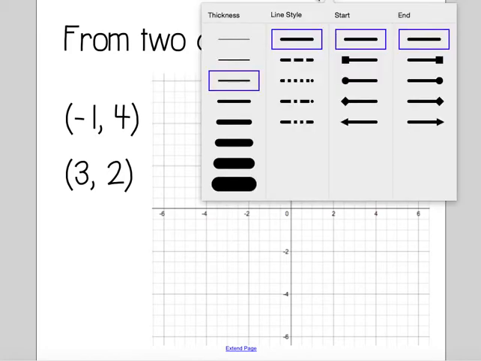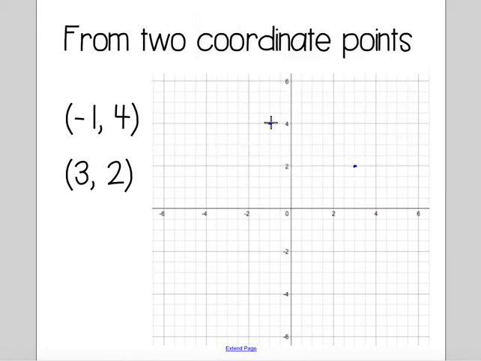So I'm going to do this, and then we're going to look, and if it actually helps, you can make that line. Well, that's not perfect, but notice it's going down to the right, so our slope is going to be negative.